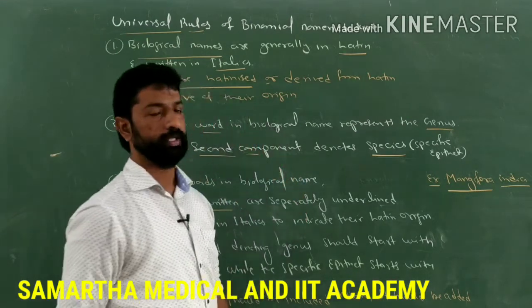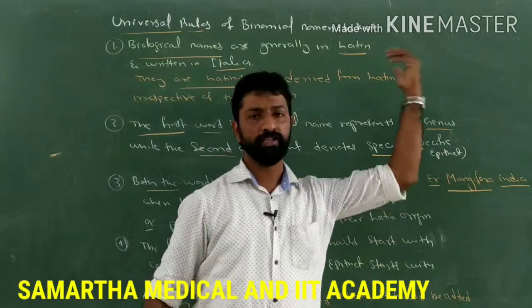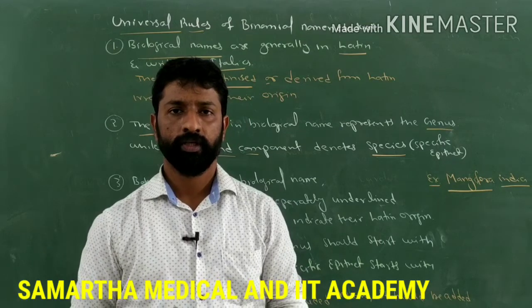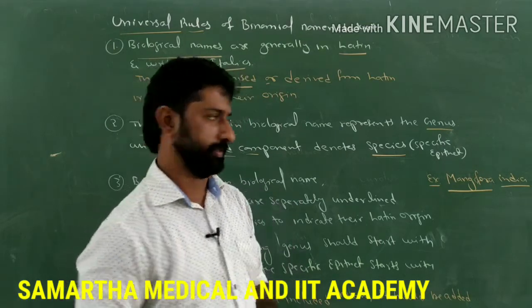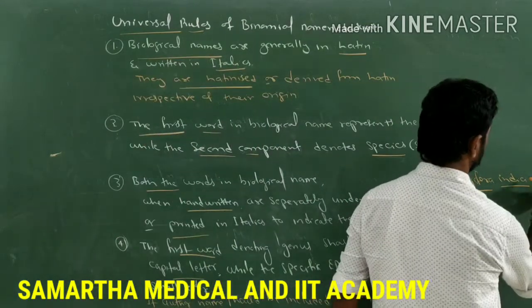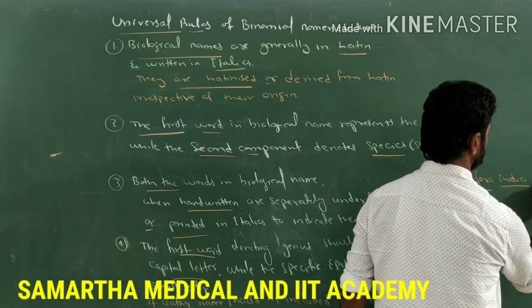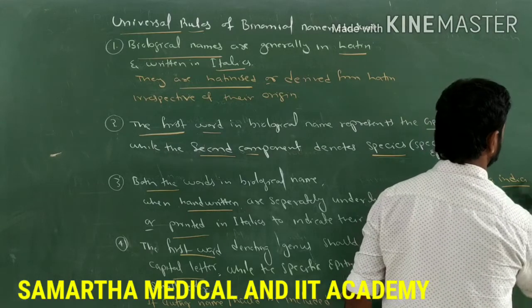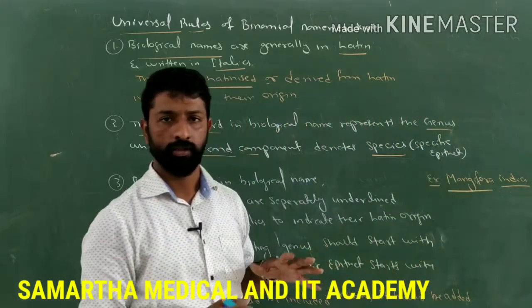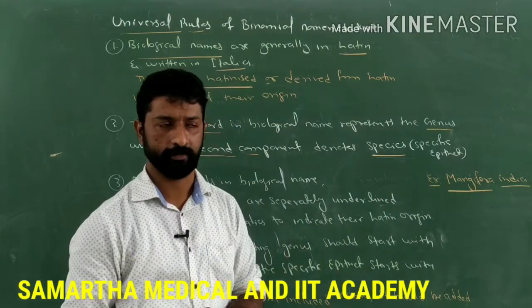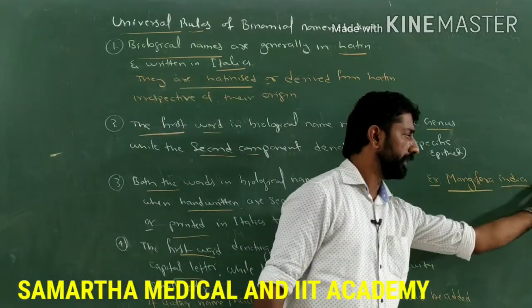Say for example, Mangifera indica was first described by Carolus Linnaeus. So his name will be written after the specific epithet like this, Linn. So I am not going to write the complete name of the one who introduced or described that species. It will be written in abbreviated form.